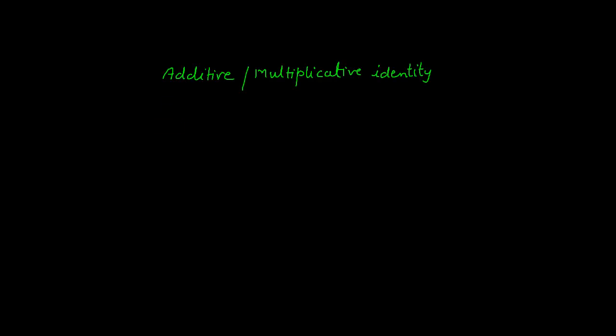Additive or multiplicative identity. Additive identity, we can call it as a property of 0. Which means when you add 0 to any number, you will get the number itself.